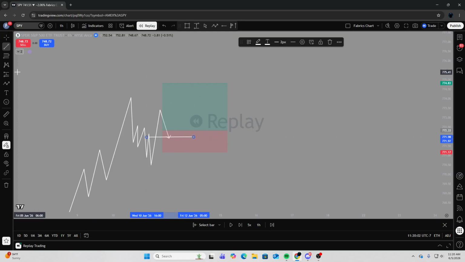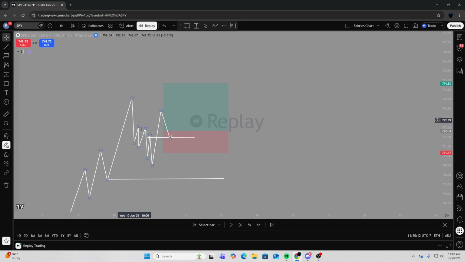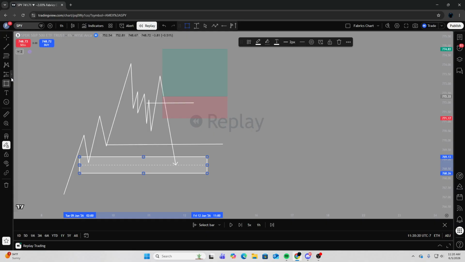You see you have this, you also see you have your inversion fair value gap. But sometimes you don't see that we have this liquidity that we haven't swept, which is probably why we made this move to go lower to hit that liquidity. Probably retrace into the fair value gap, and then go higher.